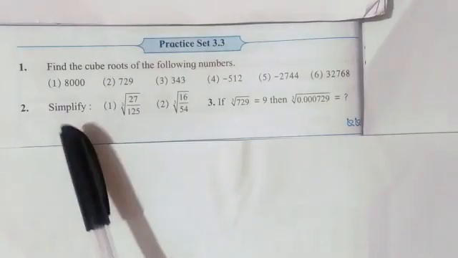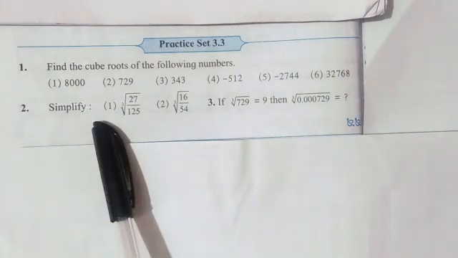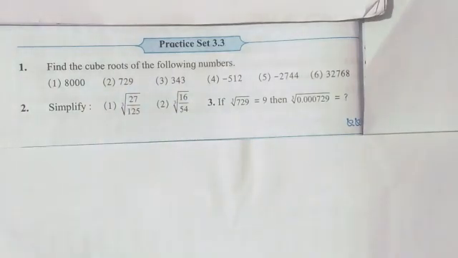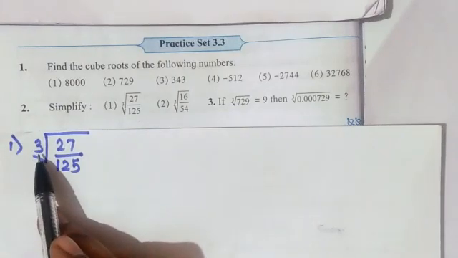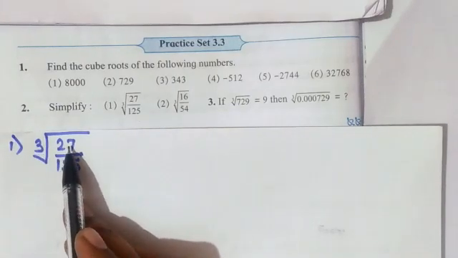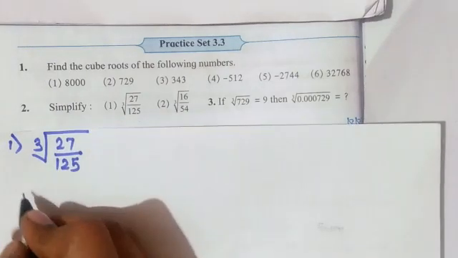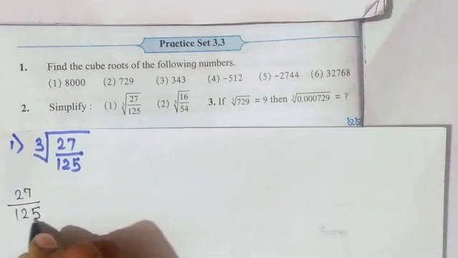Now students, let's move towards our second question. Here we have to find the cube root of rational numbers. Let's solve it. The first question is we have to find the cube root of 27 upon 125. So make it aside, 27 upon 125.